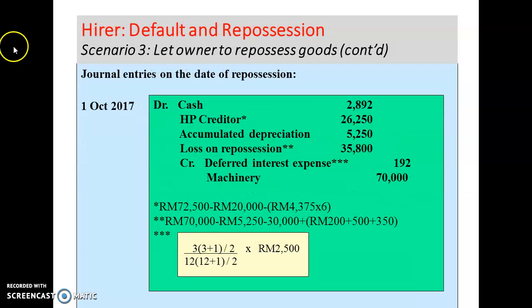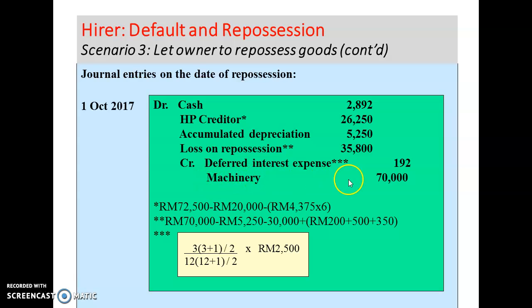Now the other journal entry that you have to make is that you're going to close all the asset accounts and close all the liability accounts. Then you're going to check what is the loss or gain on repossession. So the first one, let's close the asset account. You have your machinery account, isn't it?